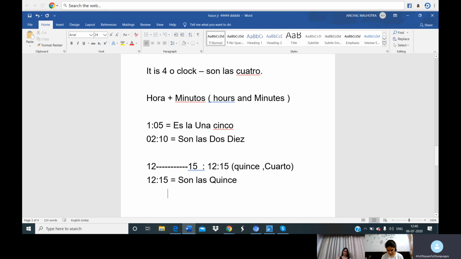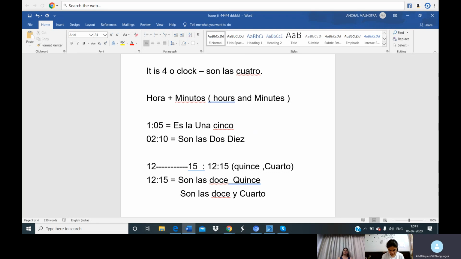Either we can use son las doce y cuarto. Okay, sorry, it's my mistake. Son las doce quince. Right? Perfect. Son las doce y, which means and, y cuarto. Is that clear to you?